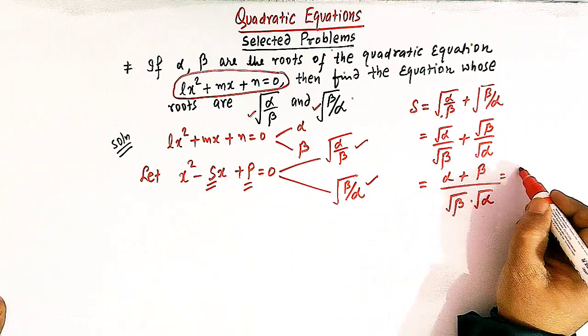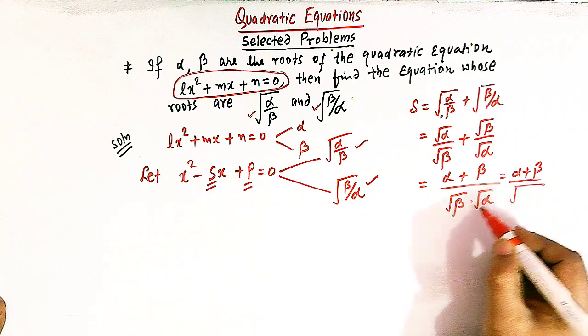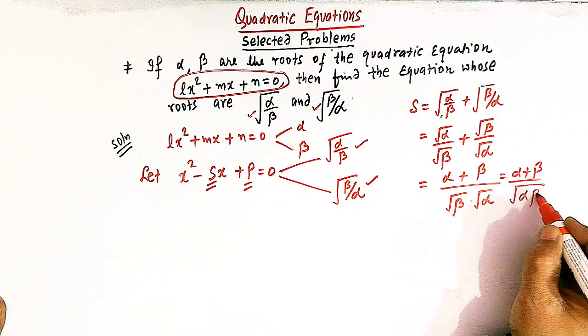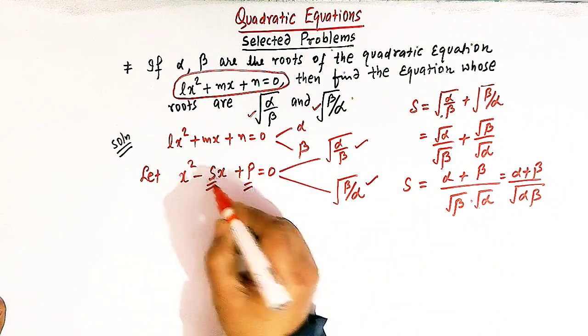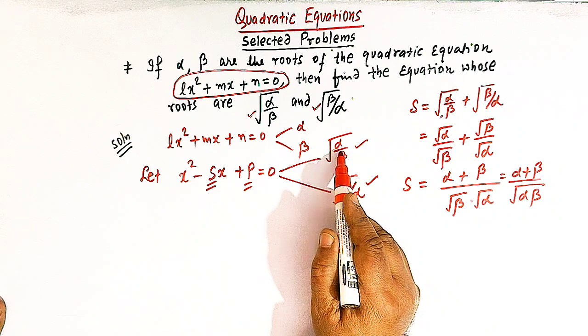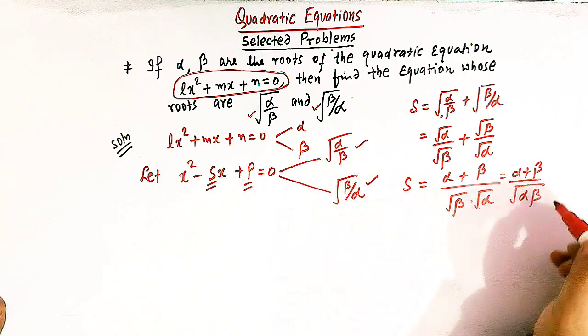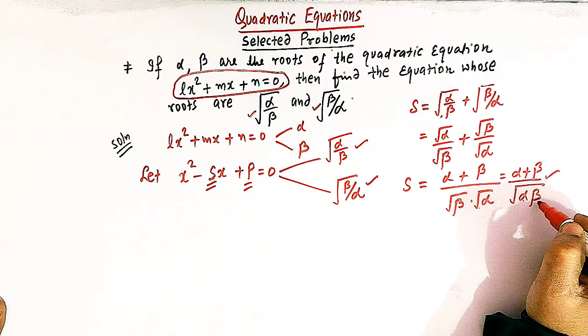Okay, so now we can write alpha plus beta over square root of alpha times beta. So our s, which is the sum of the roots, is now alpha plus beta over square root of alpha times beta.